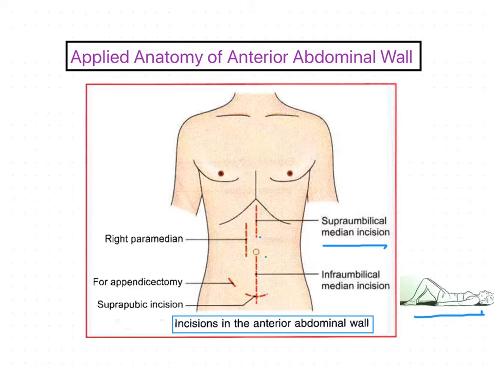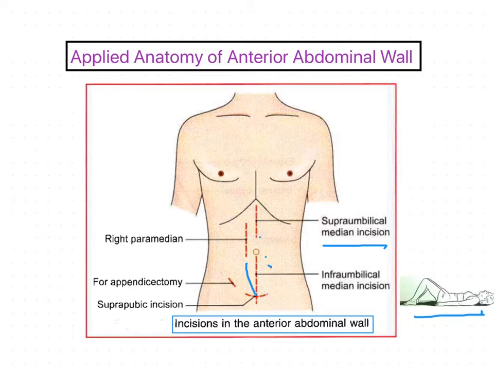Next, another one is the infraumbilical median incision. The same type of incision, given below the umbilicus, is called an infraumbilical median incision, which is safer because of the close approximation of the recti. We have discussed the rectus abdominis muscle at the lower end.